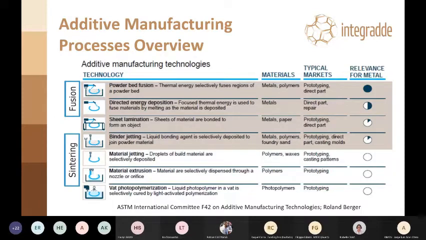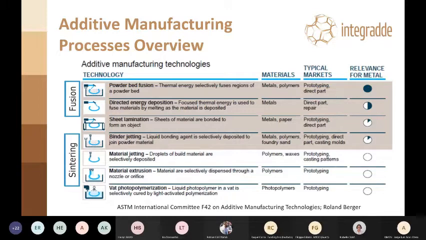The technologies that we are interested in are those that are relevant for manufacturing metal parts. For example, you can produce metal parts by fusion, by powder bed fusion technologies like laser powder bed fusion or electron beam powder bed fusion.